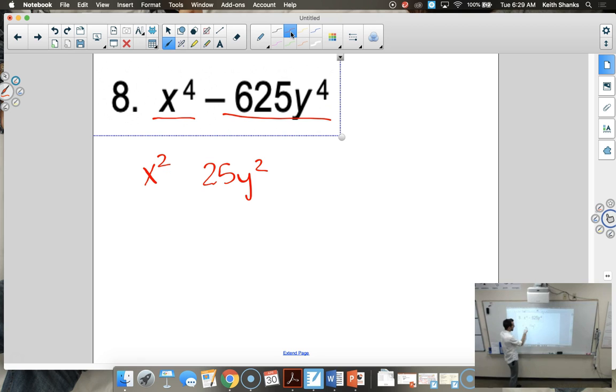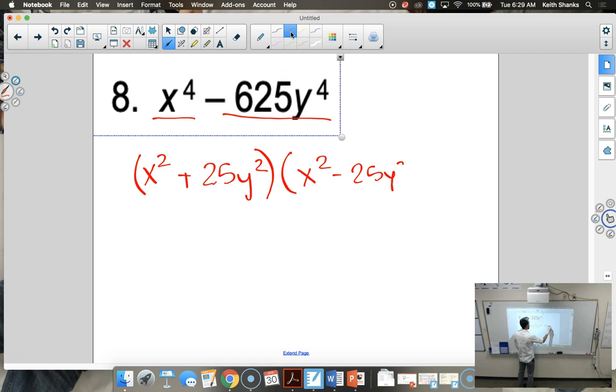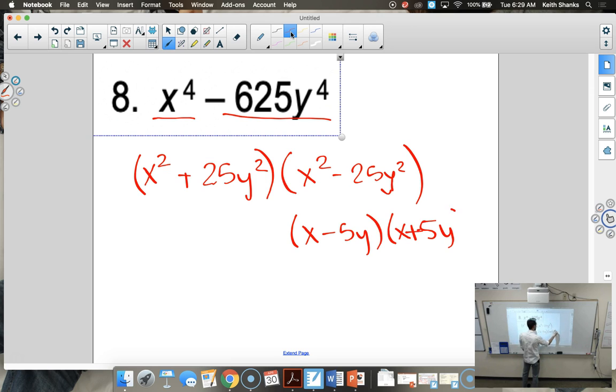And so when you have the difference of squares, you add them together and subtract them. And then you're recognizing this is also the difference of perfect squares, and so I end up with x minus 5y and x plus 5y, times this big thing here, x squared plus 25y squared.